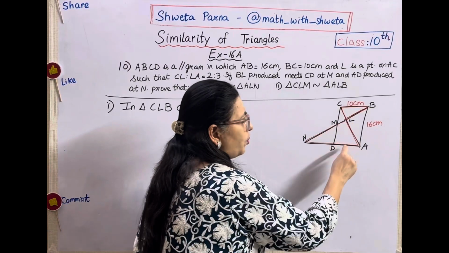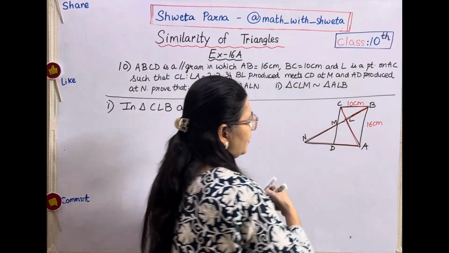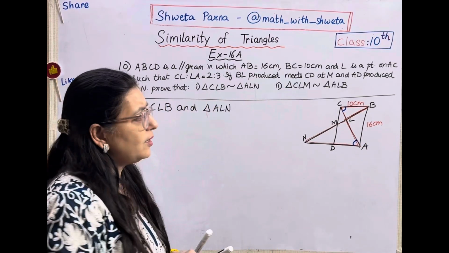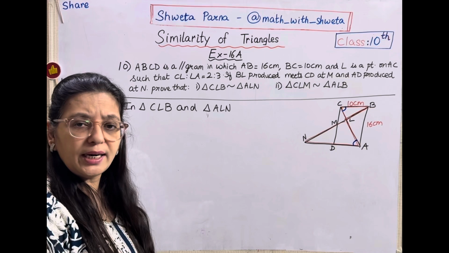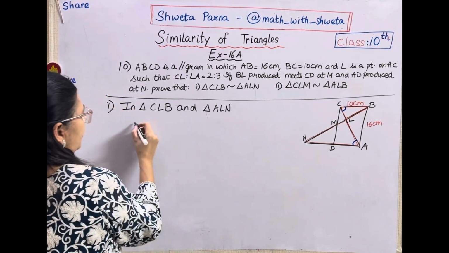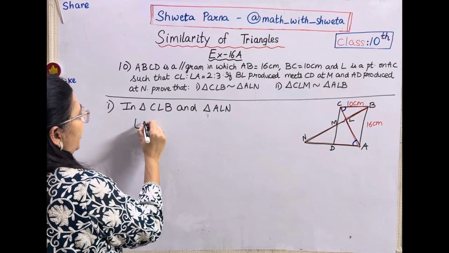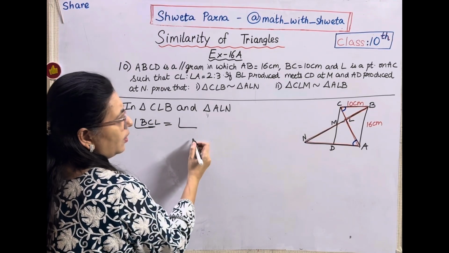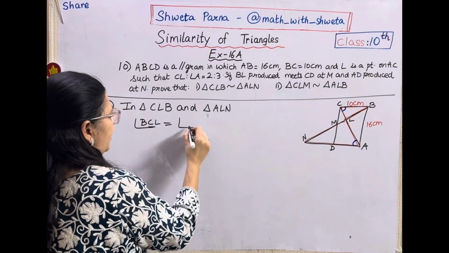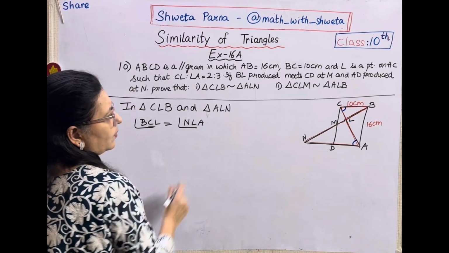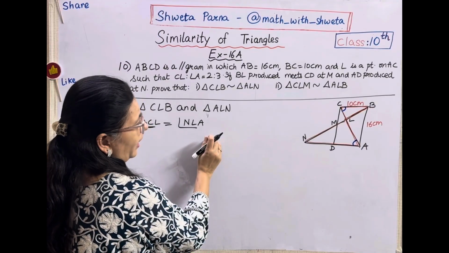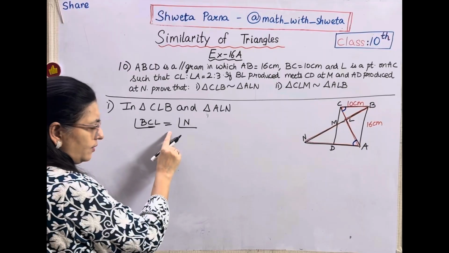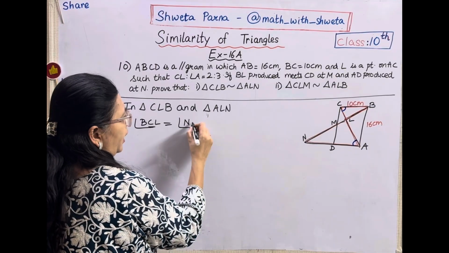Now, since the opposite sides are parallel, this angle will be equal to this angle, since BC is parallel to AD. So angle BCL is equal to angle NAL.